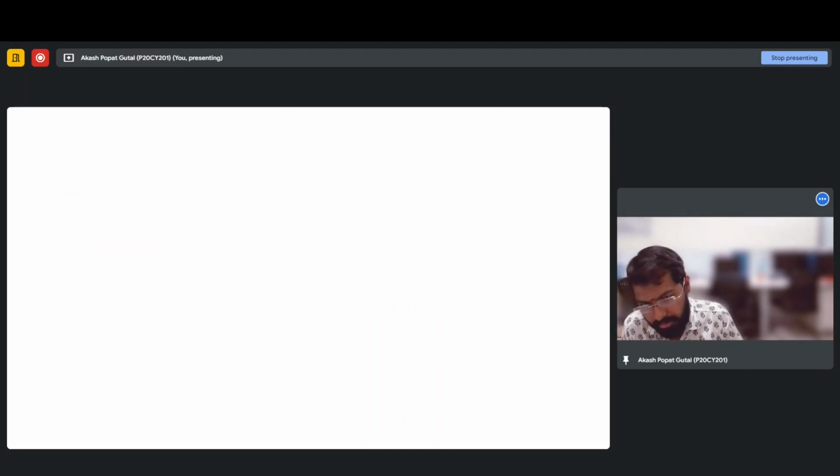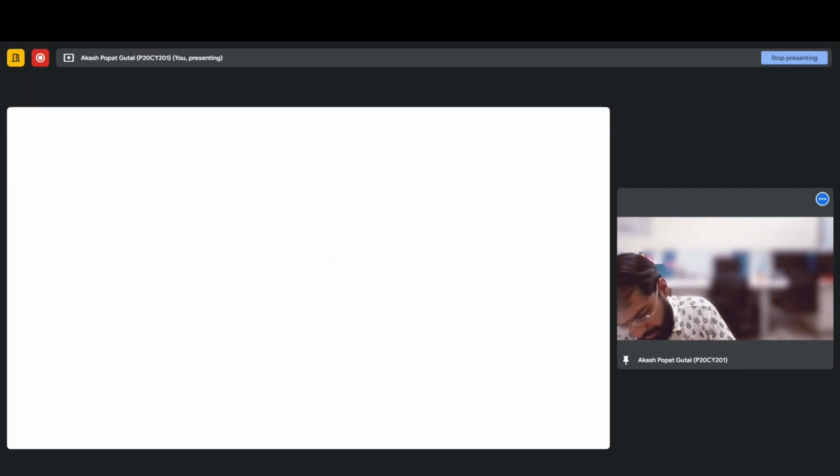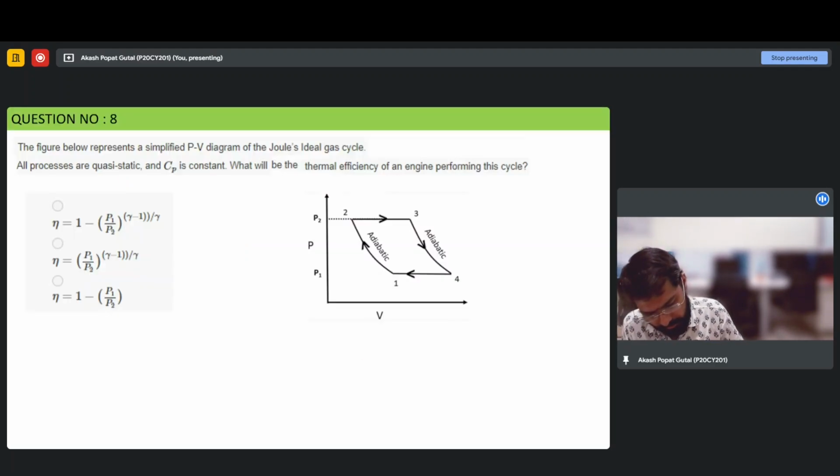So we have a PV diagram, let me copy this. This is the PV diagram.